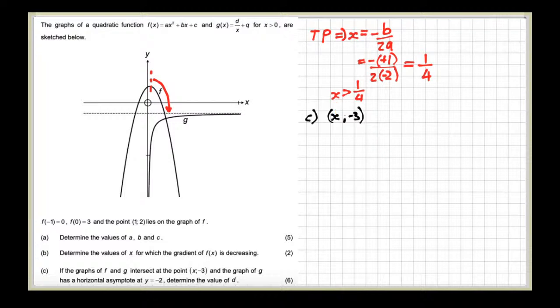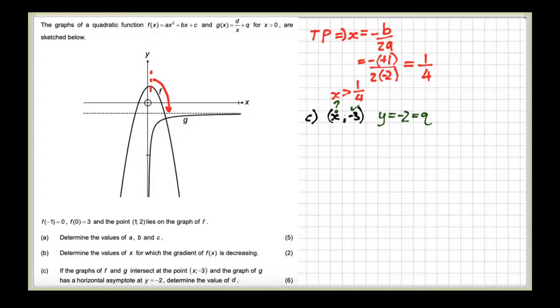Let me do it in a different color. But I do know what the y value is. Okay, I've got half of this thing solved. And it has a horizontal asymptote of y equal to -2. Now this is lovely because it automatically gives me the q value. q is -2.